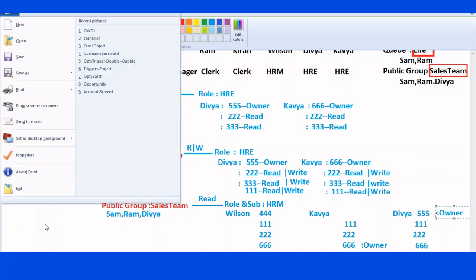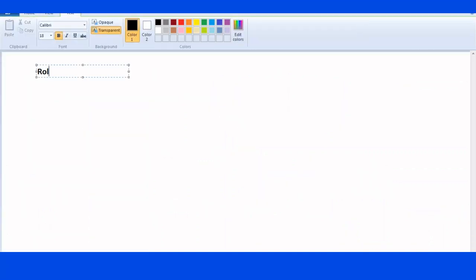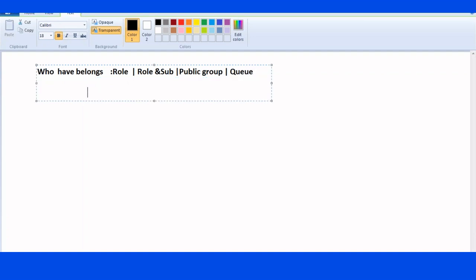Now, let me give an overview of the structure. Records which are owned by the users who belong to a given role, or role and subordinates, or public group, or queue, are shared with whom?